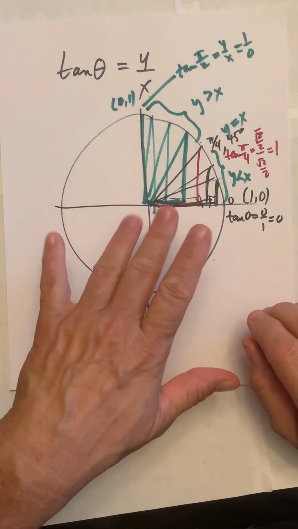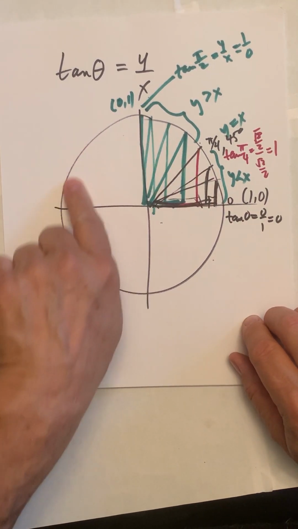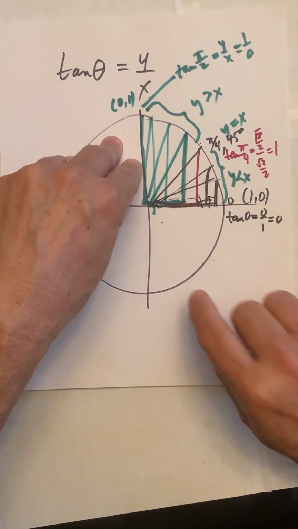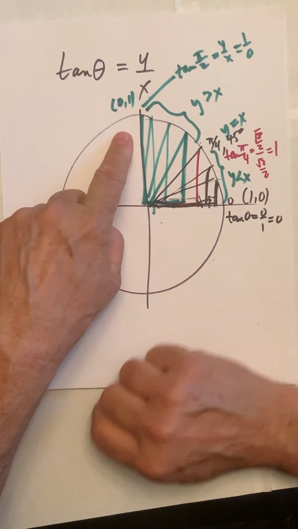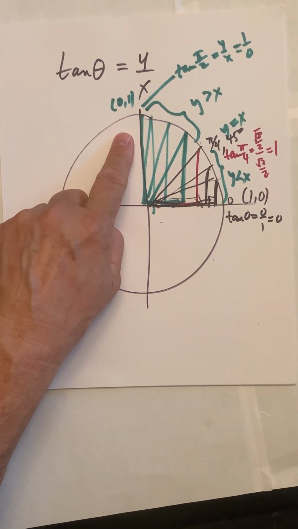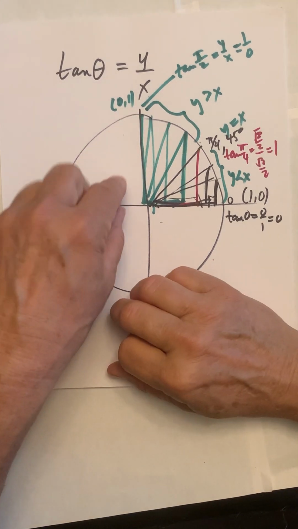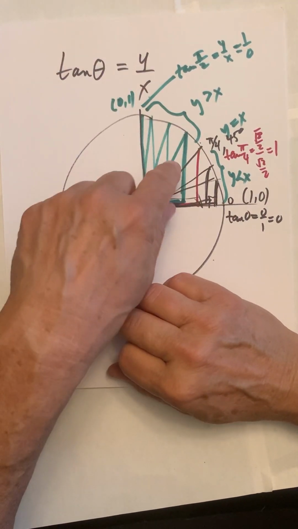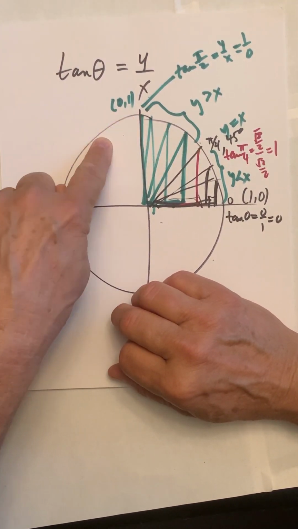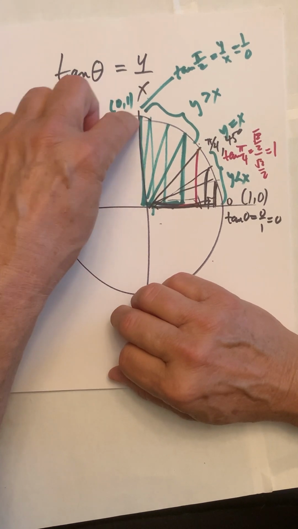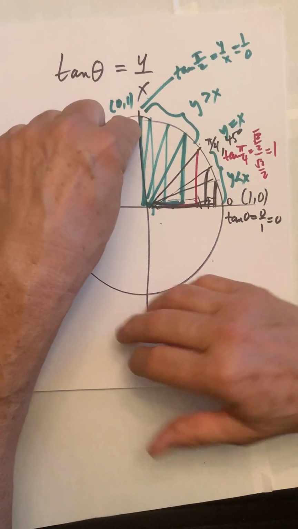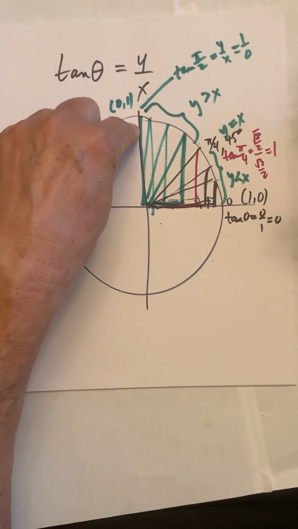So it's interesting here, and of course, as you keep rotating, you'll have to account for the signs, positive and negative. You have the same ratios, where here y is bigger than x, but the x is negative. So you get very large numbers greater than 1, but they're negative.